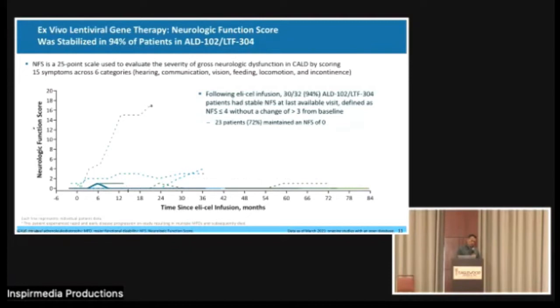This is a neurologic function score where the higher the numbers here, the worse you are, and the more symptoms you have. But you can see that most of the boys did very well, and we've treated, up to date, 67 patients worldwide. So it's one of the largest gene therapy trials.